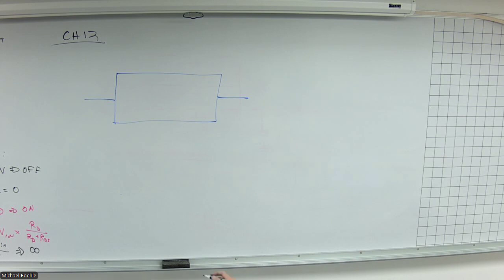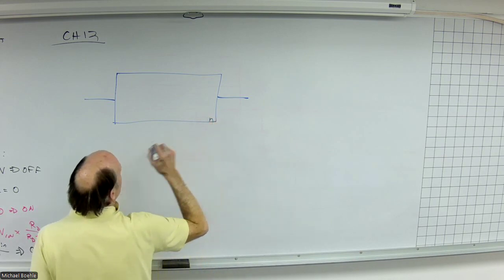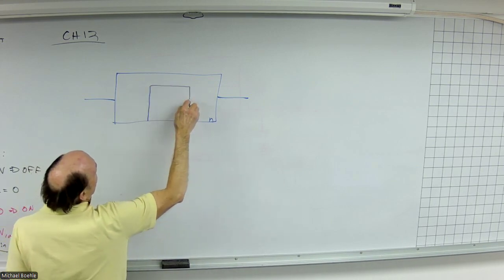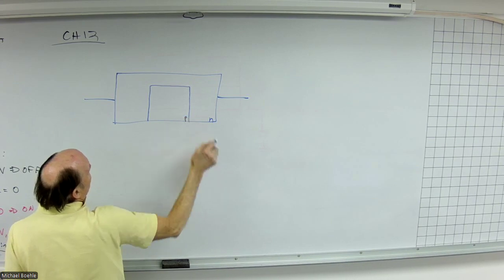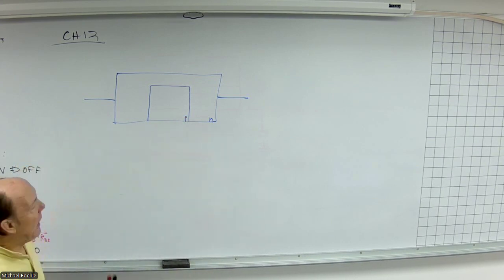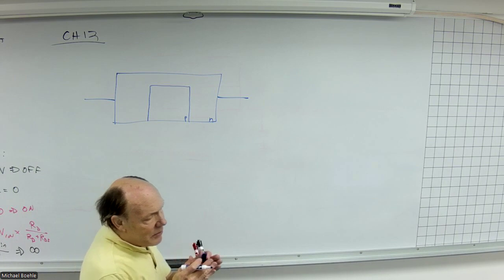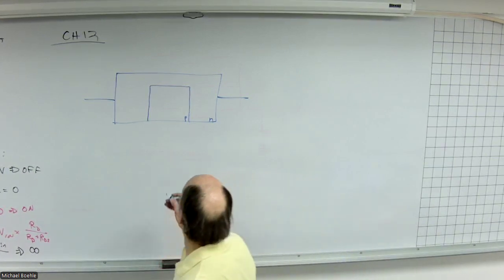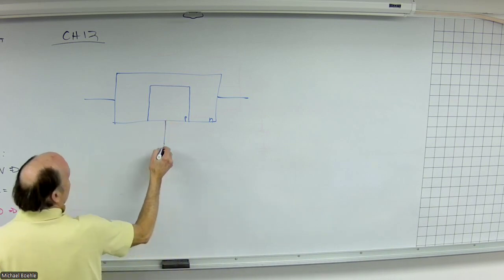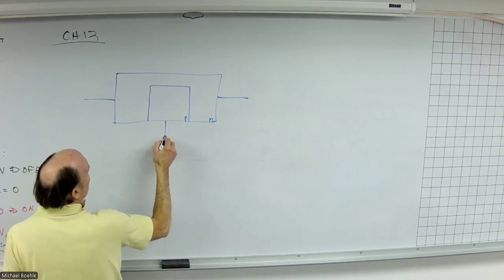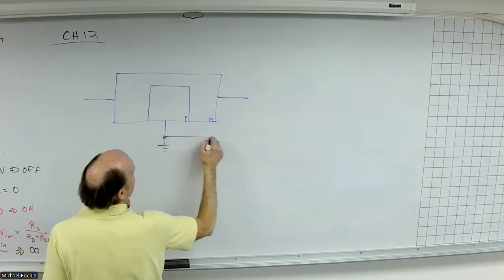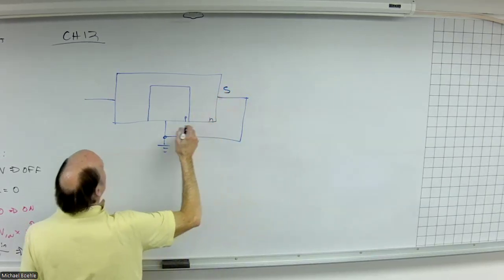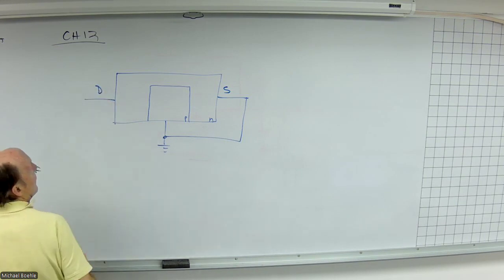So we have a block of N-type material, and then I add in some P-type material right here. That P-type material is just connected to ground. And then we'll connect over here as well. So here's my source, and here's my drain.